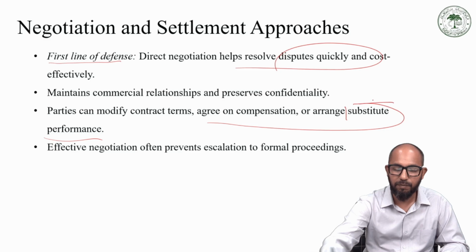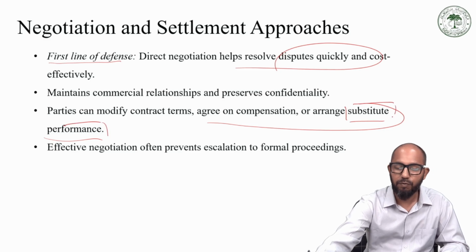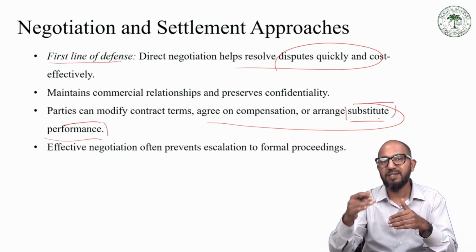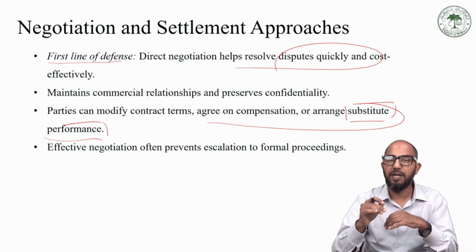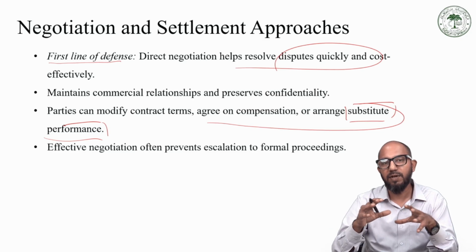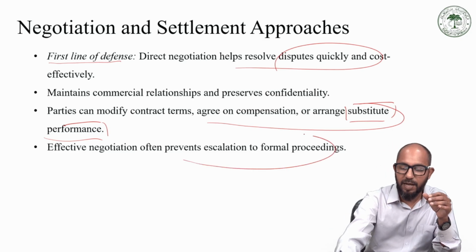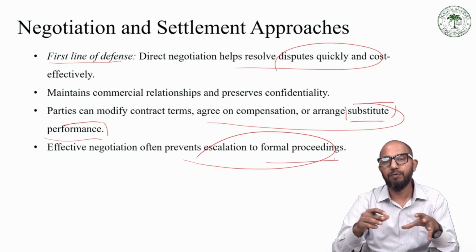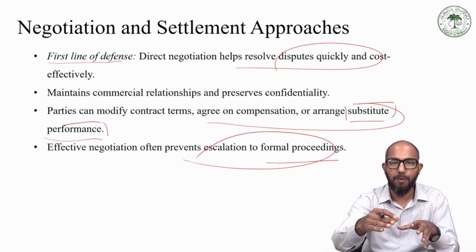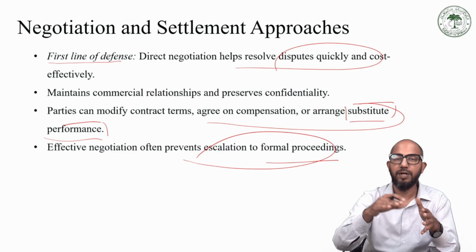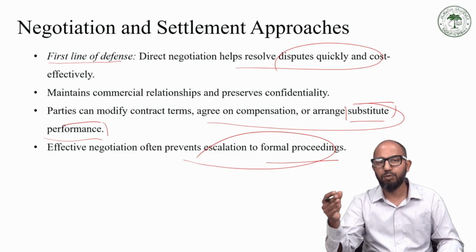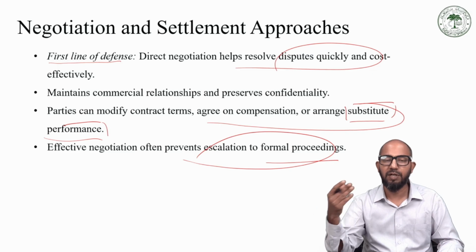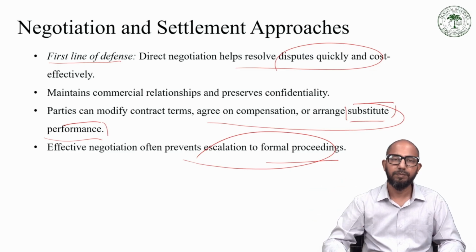Specifically, substitute performance is required to improve the business relation in case certain mishaps have happened during the course of export and import. Also, we can take note from this that effective negotiation often prevents escalation to formal proceedings. If negotiation is proper, then it may resolve certain disputes and it may not become legal or formal to such an extent that it goes to legal authorities or courts.